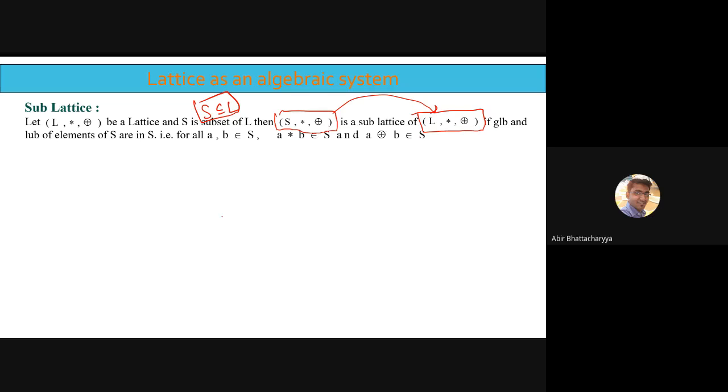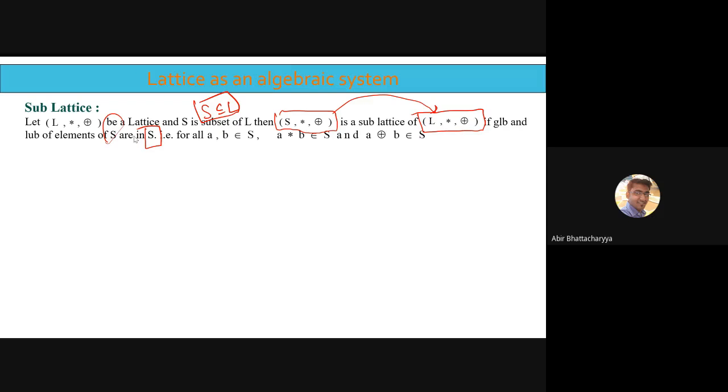We can say that (S, *, +, ∘) is a sublattice of (L, *, +, ∘) if the GLB and LUB of each pair of elements of S belong to S only. That means pick the elements from the subset, pairwise, any pair of elements.